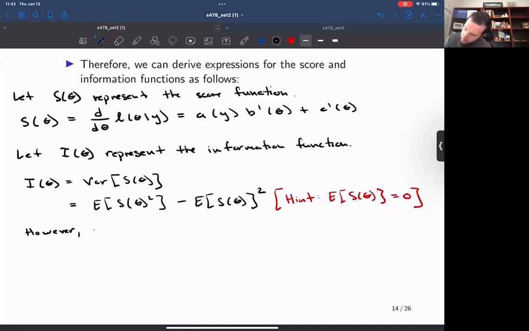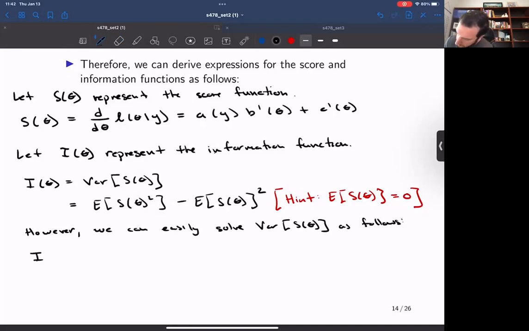However, we can easily solve the variance of S theta as follows.